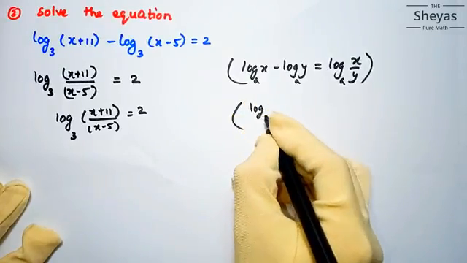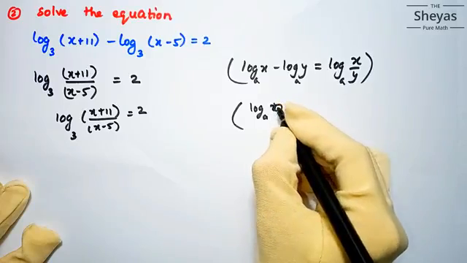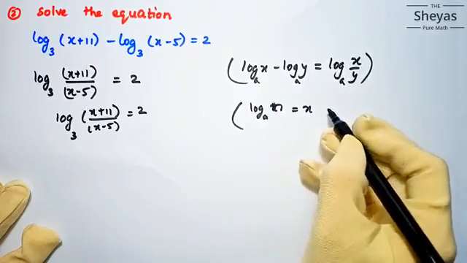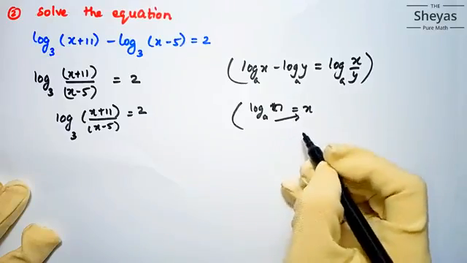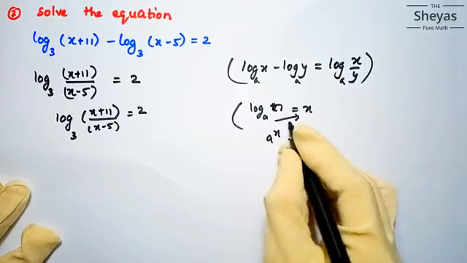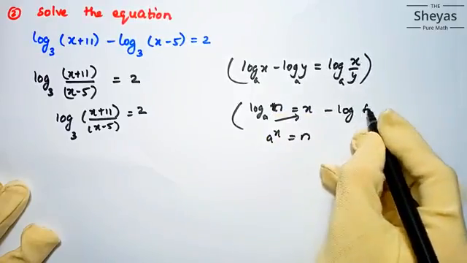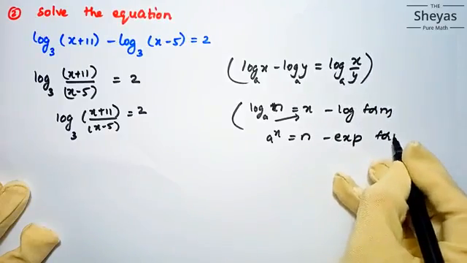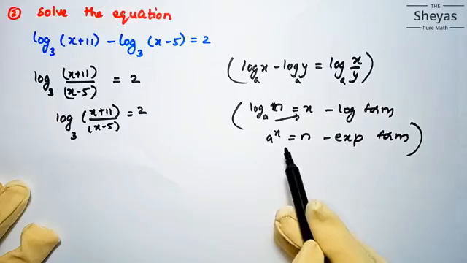So this is the general form of logarithm: log a n is equal to x. So I am just keeping this arrow in the mind. So a power x is equal to n. So this is the log form and this is the exponential form. So I have converted this logarithmic form to the exponential form.